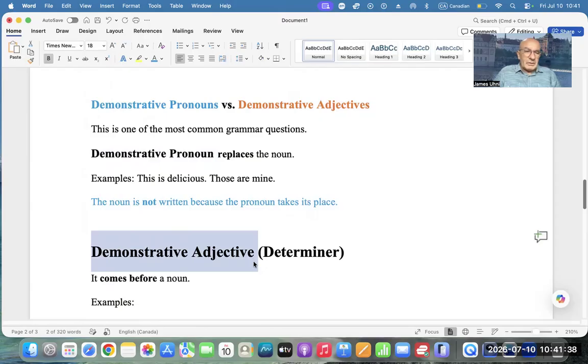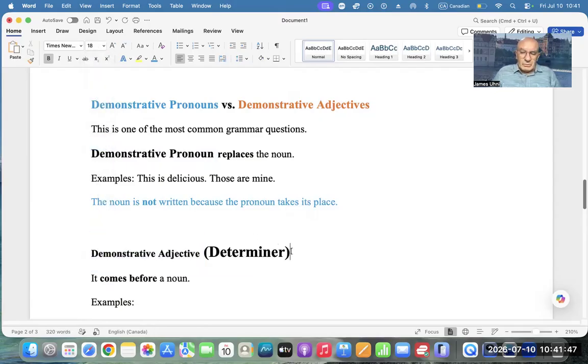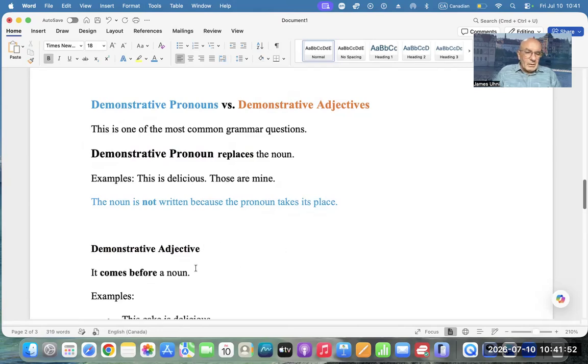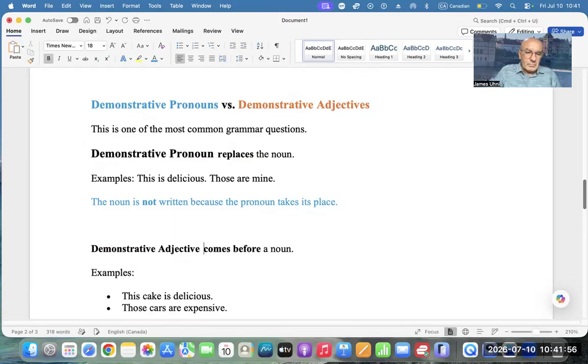I will delete determiners because that's a separate chapter to talk about, and I don't want to confuse you. Demonstrative adjective comes before a noun.